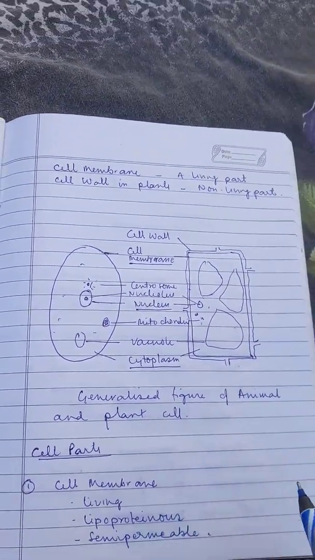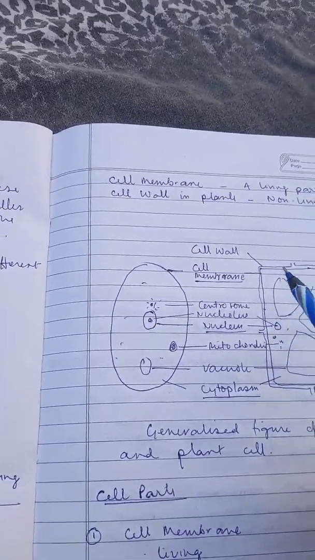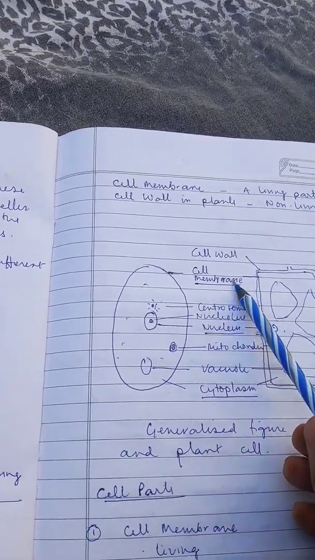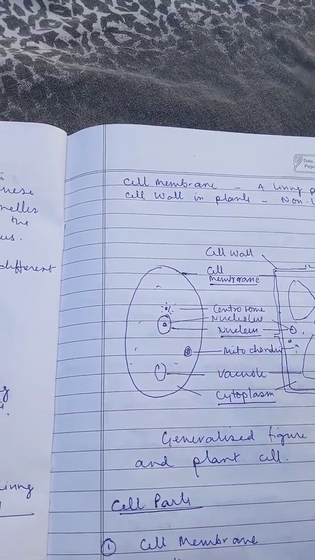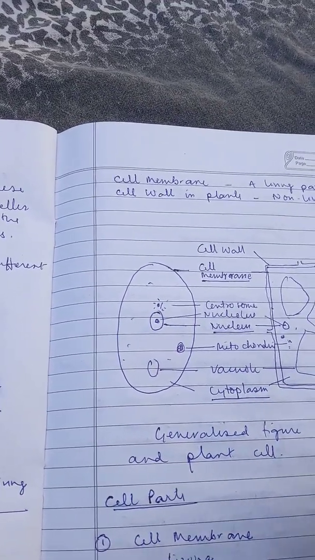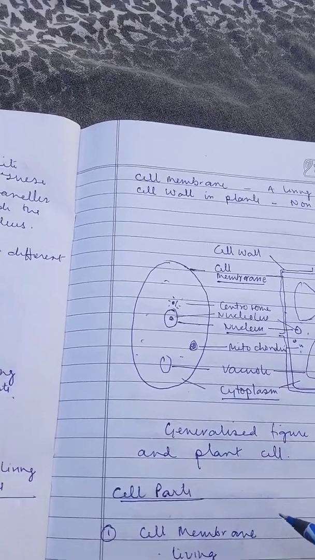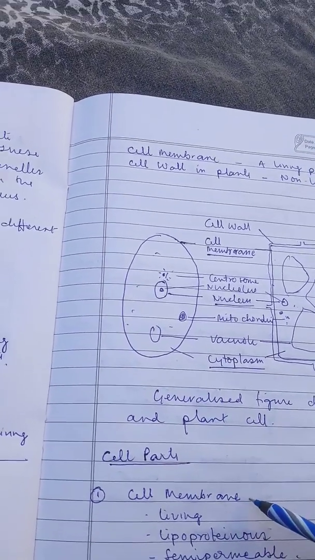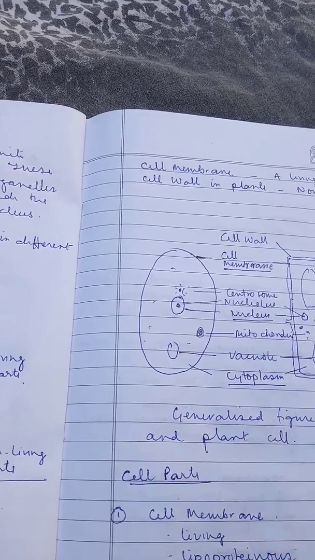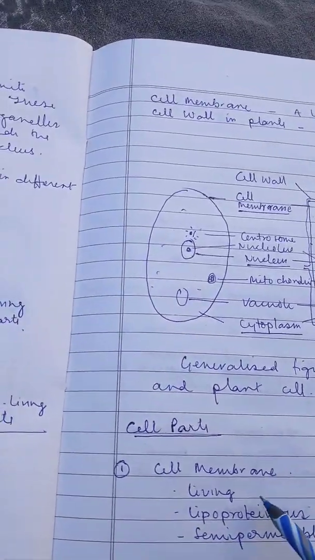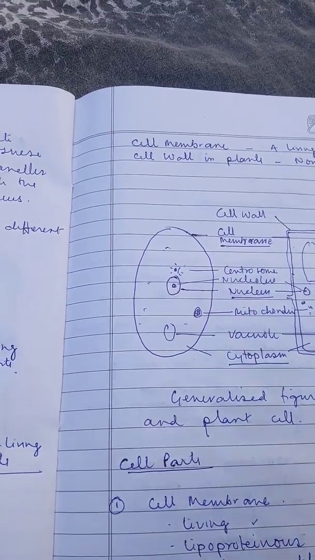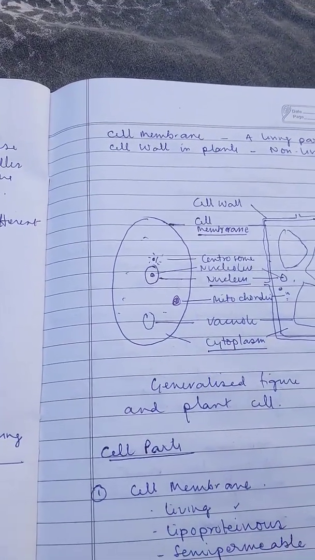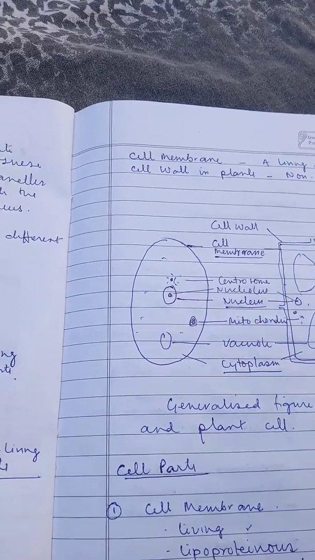Now, cell parts. The cell membrane, nucleus and cytoplasm are the parts of a cell. Here we'll study all the parts one by one. Cell membrane: first of all, the cell membrane is the living part of a cell. It separates the cell content from the outside environment.